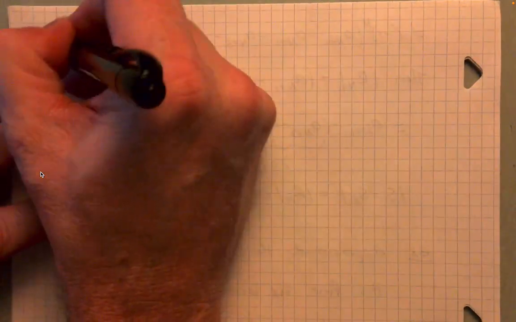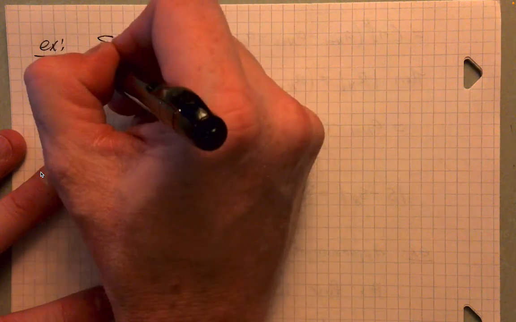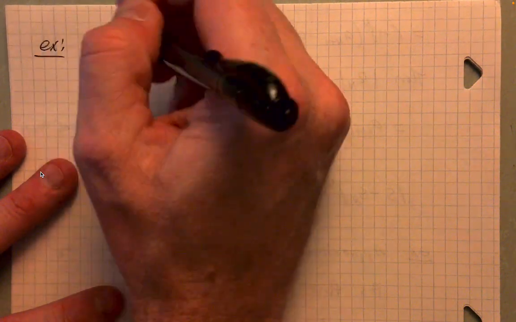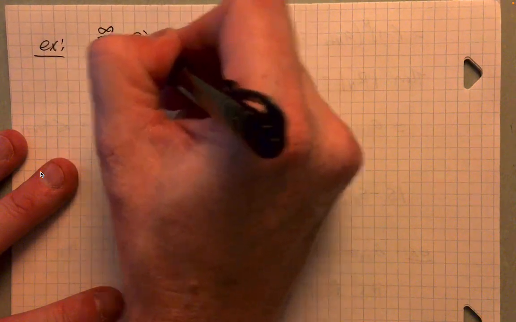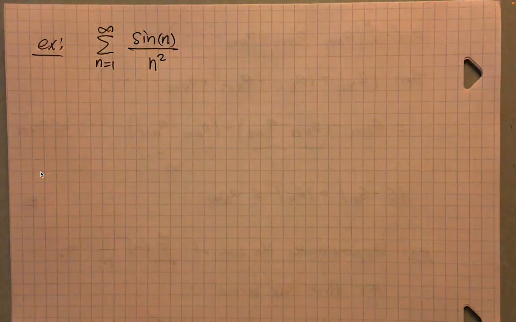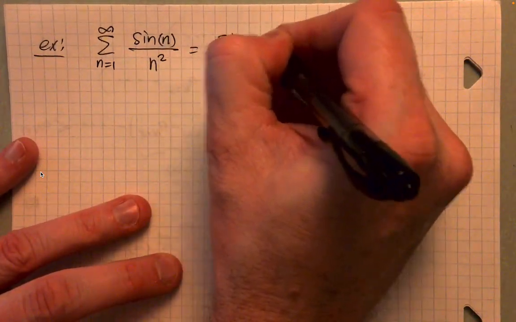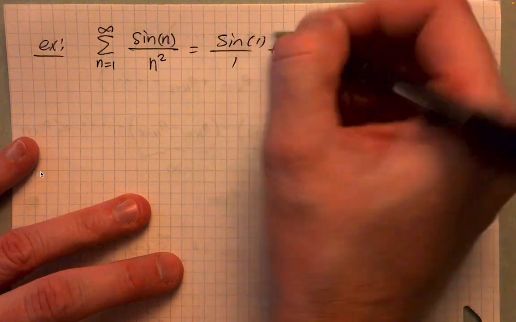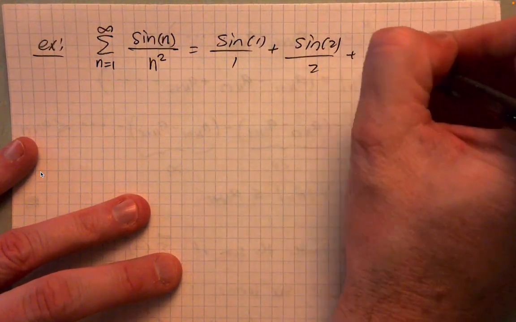An example would be the series n equals 1 to infinity of sine of n over n squared. Okay, so this is just sine of 1 over 1 plus sine of 2 over 2 plus dot dot dot, right?